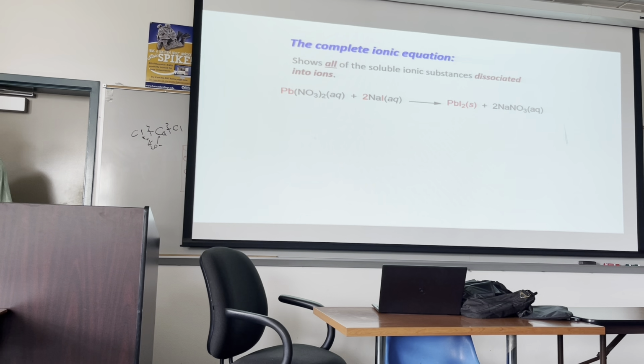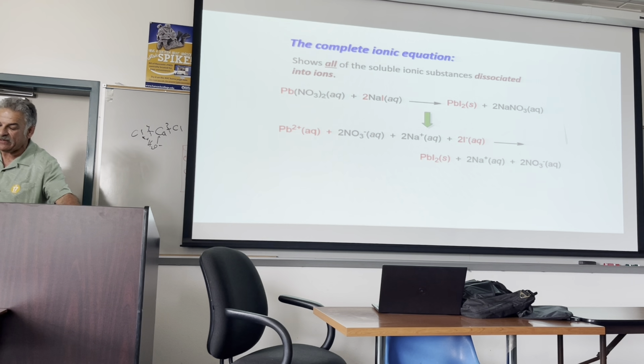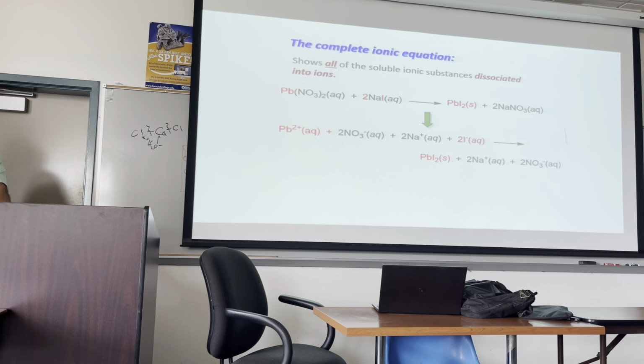So we have lead 2 nitrate plus 2 sodium iodide aqueous yields lead 2 iodide solid and 2 sodium nitrates, because remember, all nitrates are soluble. So Pb2+ aqueous plus 2NO3- aqueous plus 2Na+ aqueous plus 2I- aqueous yields lead 2 iodide solid plus 2Na+ aqueous plus 2NO3- aqueous.